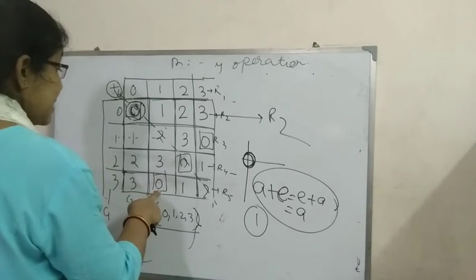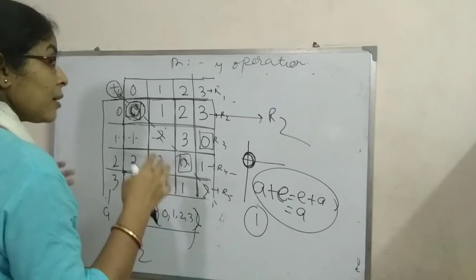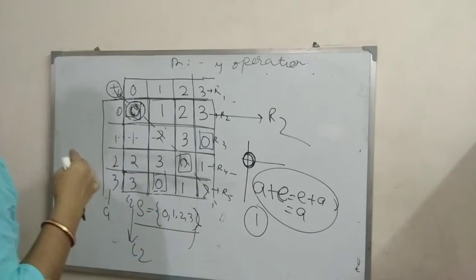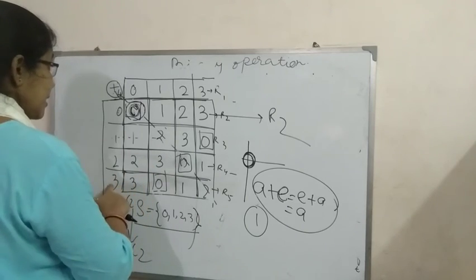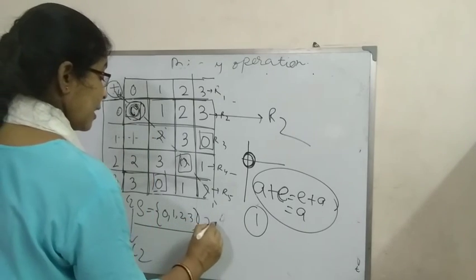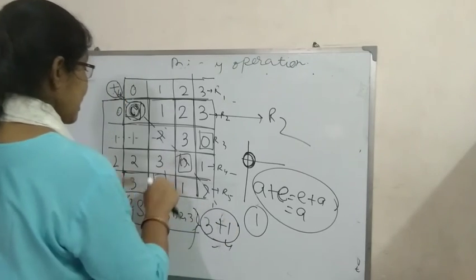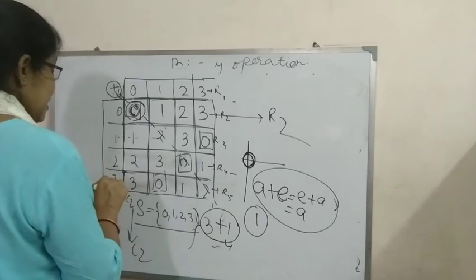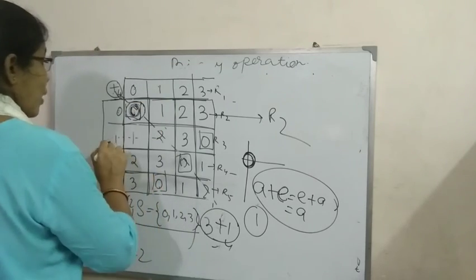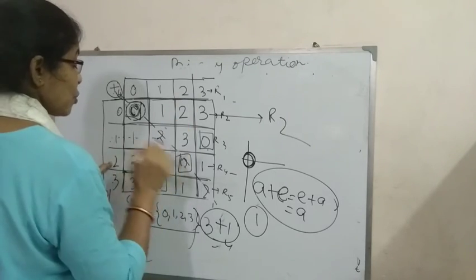Which operation is in between? 3 plus 1, I will get 4 and so 0. In this way 3 is the inverse of 1, 1 is the inverse of 3, and 2 is the inverse of 2.